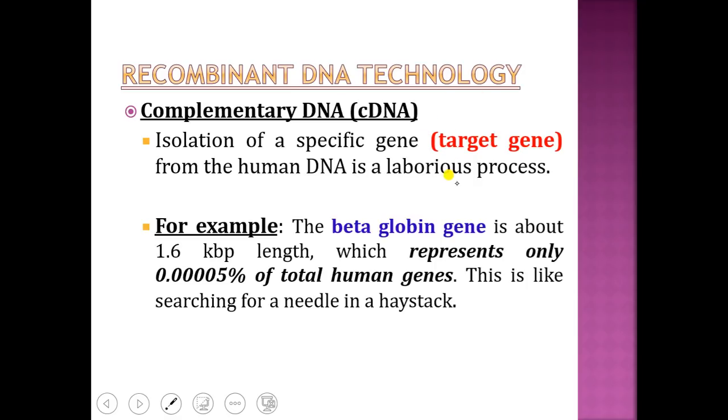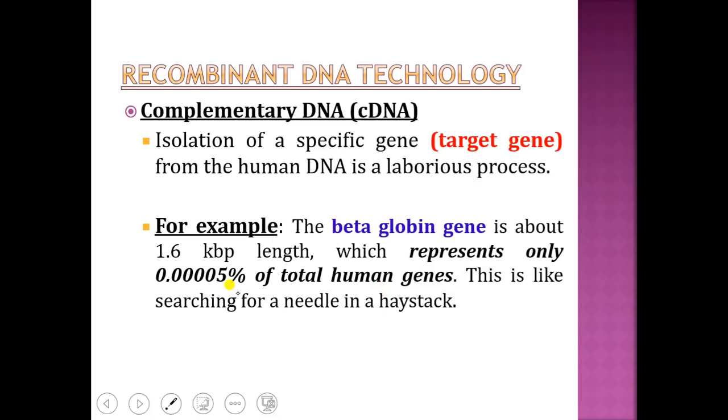Why is it important to get the DNA this way? For example, if we want the beta globin gene, the beta chain in the hemoglobin structure, it is around 1.6 kilobase pairs in length and represents only 0.00005% of the total human genome.